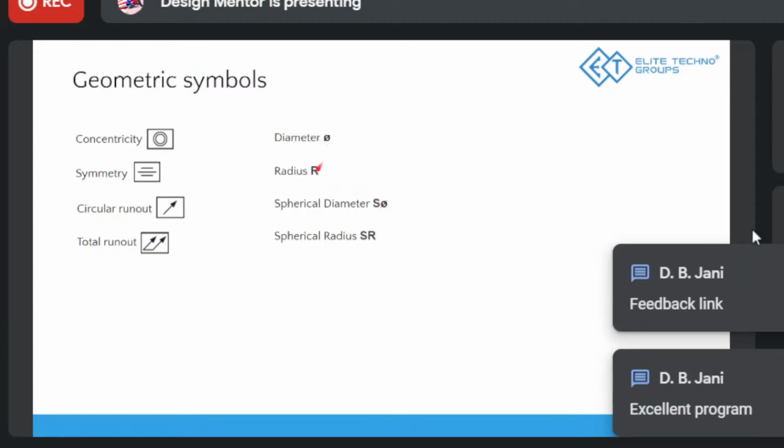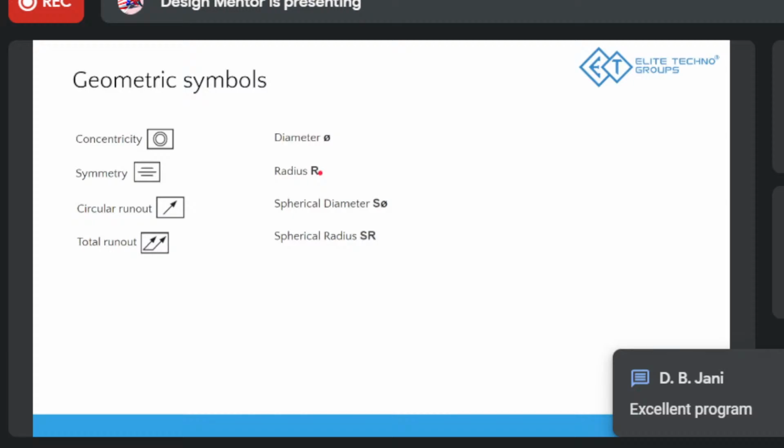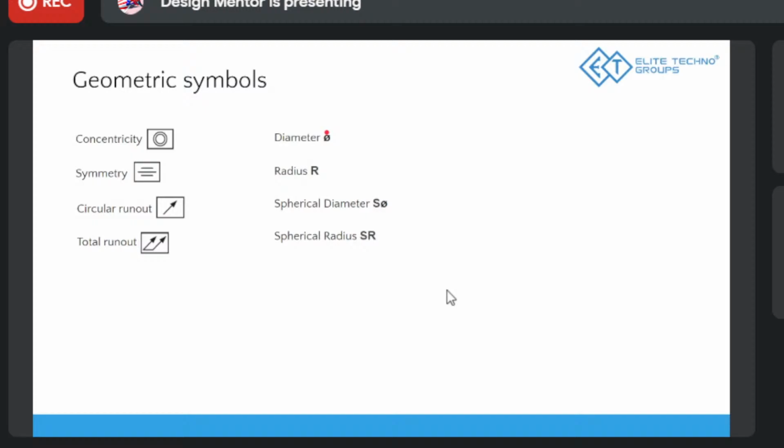We also have the other symbols that we see. There is diameter, there is radius, right? If R is mentioned, it means it's the radius of a circle. If this one is mentioned, it means it is the diameter of the circle, because in a drawing you might not be able to tell which one we are talking about. Now, when we take a spherical object like a globe, in the drawing it will look like a circle, right? So how will the designer or the manufacturer know it's a spherical surface?